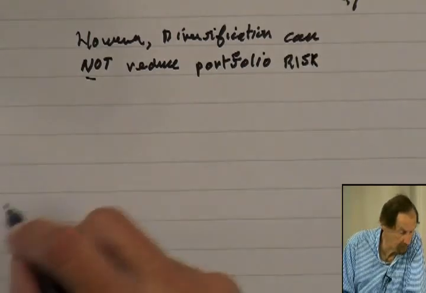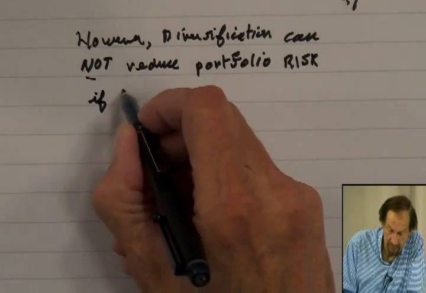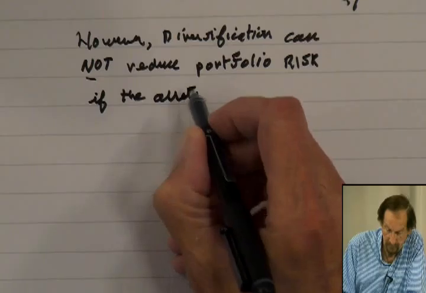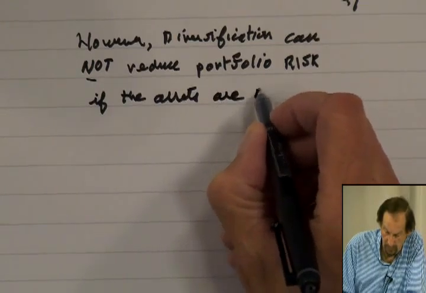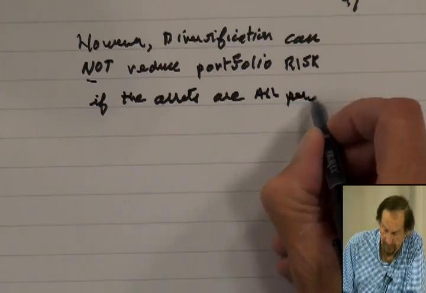So we can't reduce portfolio risk if the assets are all perfectly positively correlated.